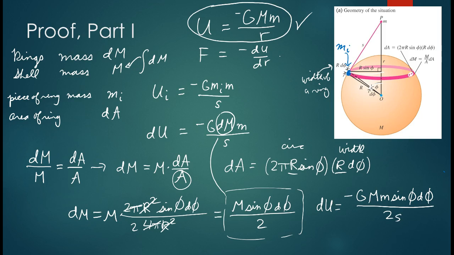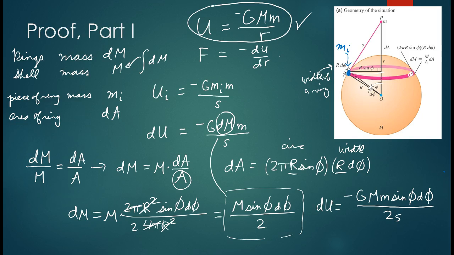So the G, the M, and the s are here, here, and here, and everything else is dm.